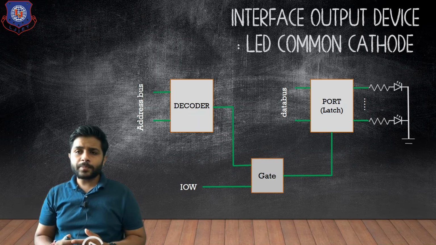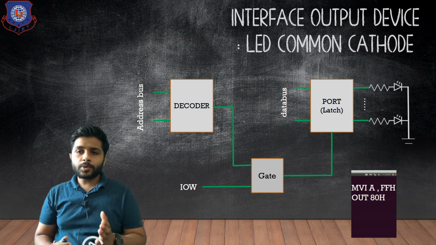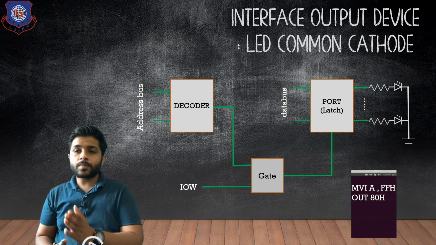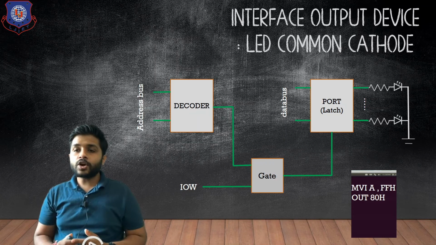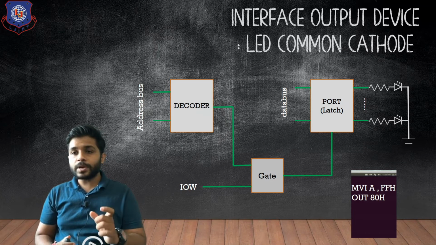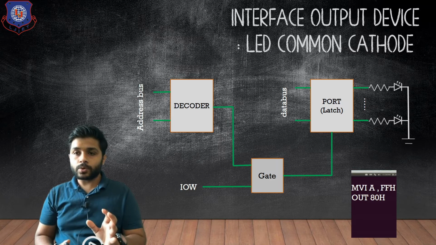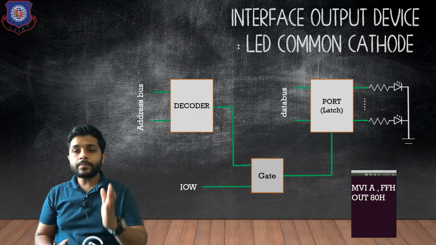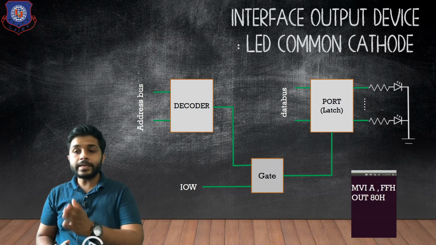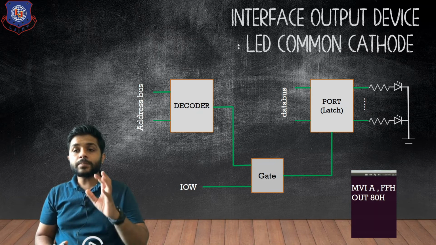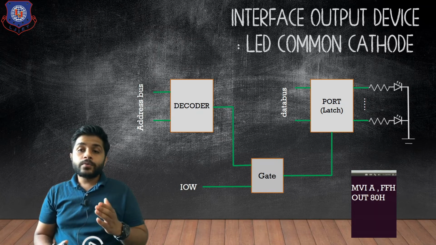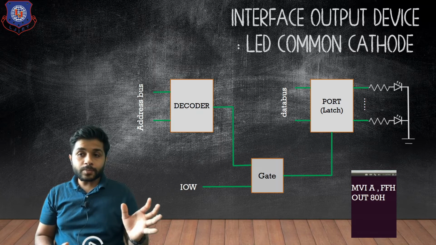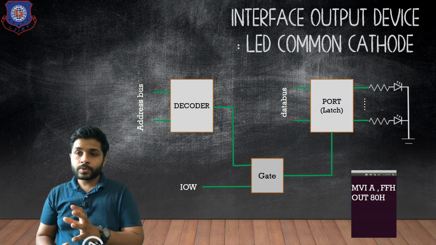So let's see a simple program. Suppose we are writing a program MVI A, FFH and OUT A0H. MVI A, FFH means FFH will be stored in the accumulator. Then when the microprocessor executes the OUT A0H instruction, it means the processor will transfer data using the data bus from the accumulator to the port.